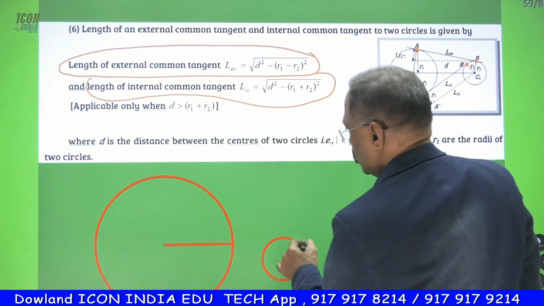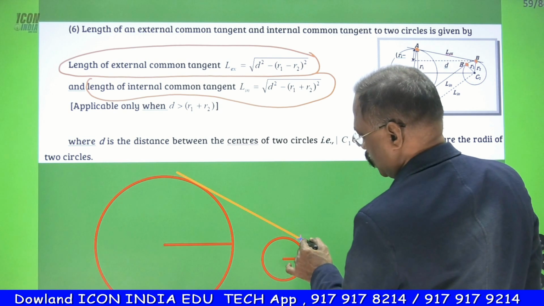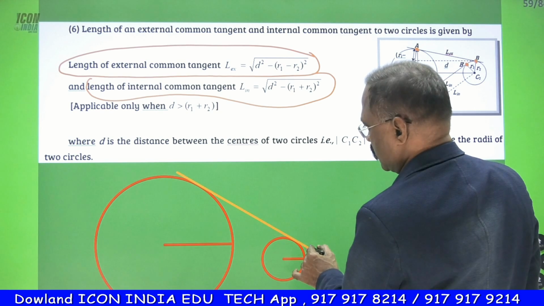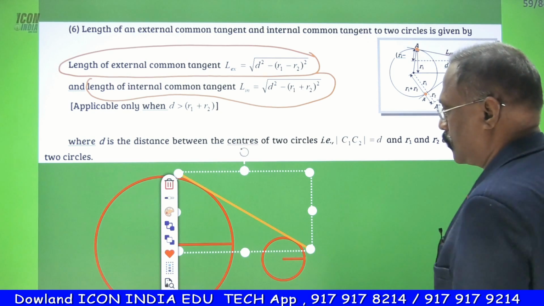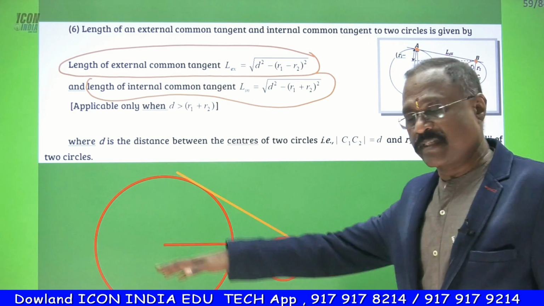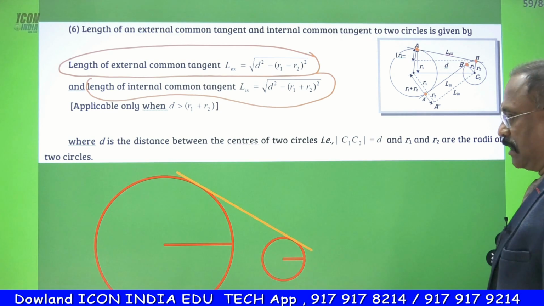A direct common tangent is that tangent which touches both the circles, and as well the circles must be lying on the same side of the common tangent. Now, we need the length of this.